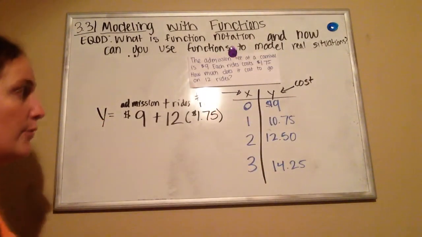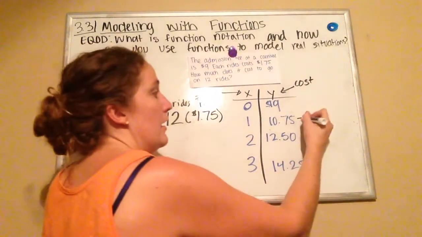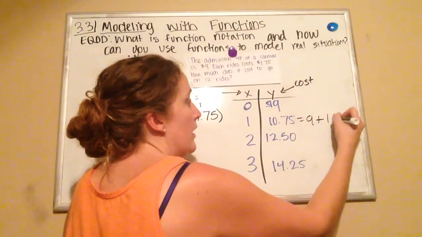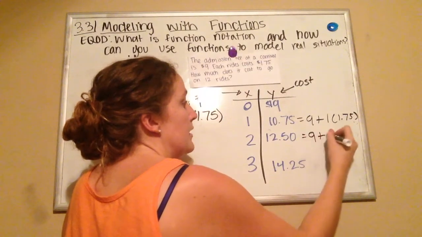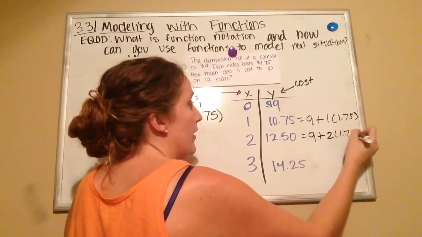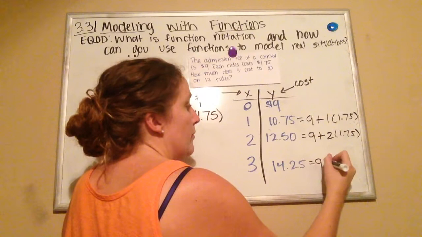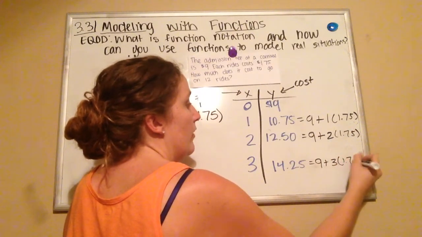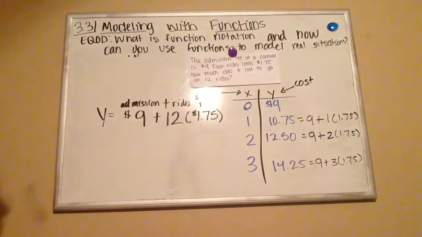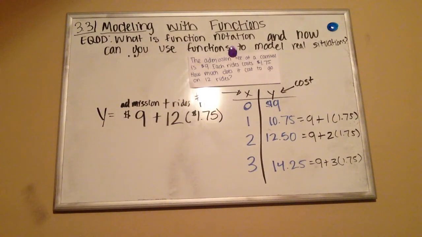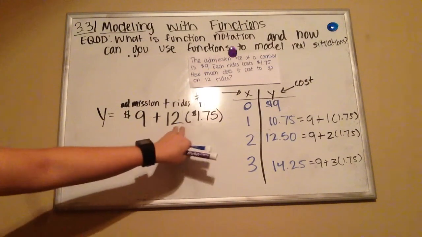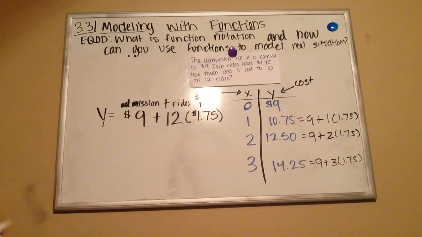As we saw down here, if we want to expand those, it would be 9 plus 1 times 1.75. 9 plus 2 times 1.75. 9 plus 3 times 1.75. And so on. So to figure out how much does it cost him to go on this many rides, we plugged a 12 in for our number of rides.